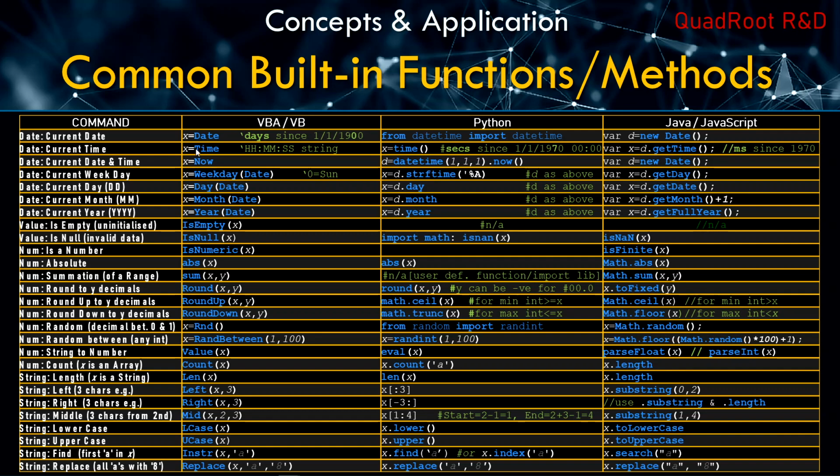Whereas in VBA, it's just time, and in VBA it's in HHMMSS, which is a string. It's not a number. In Python, time is just time in brackets, provided you have imported the datetime. And in VBA, you can combine date and time as now.